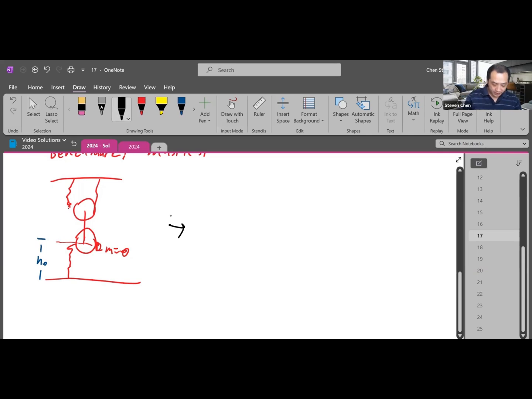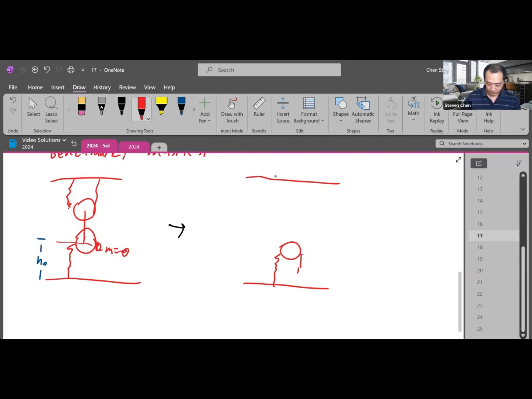And now let's look at this new system where the mass here gains some mass, say from 0 to some number called M. And let's see how the system changes. So once we have the mass, let's first look at the bottom spring with spring constant 3K. We know that because it is connected to the mass, its length is now extended.